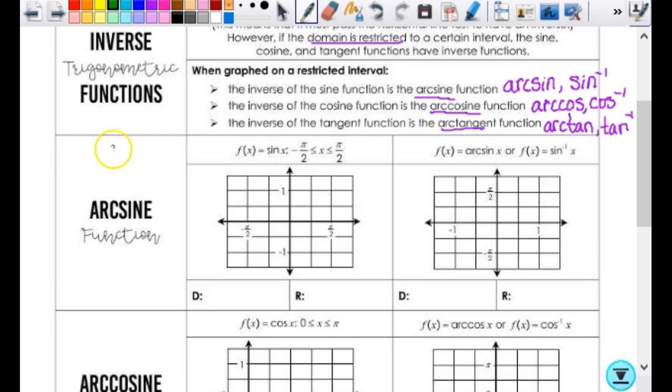So here is what we've been drawing for the parent function. It looks like this from 0 to 2 pi, right? We're going to actually draw it this time from negative 2 pi to 2 pi. And we know that it actually keeps going. All right, so this is a function. It is not a one-to-one function as it is because it fails the horizontal line test horribly, right?